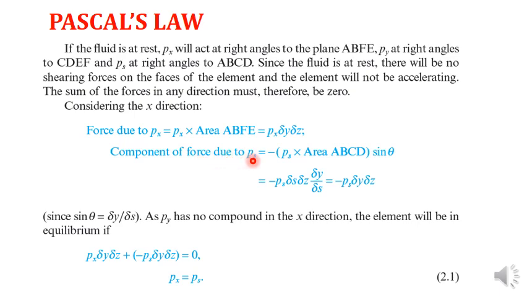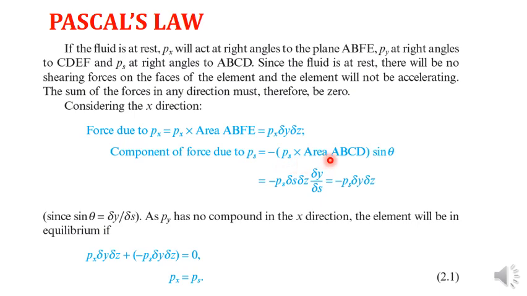The second force applying in the x direction will be the component of the force due to the pressure ps that is exerting on the inclined plane. The force exerted on the inclined plane of this differential element has two components, one along the x direction, second along the y direction. So if we are considering the forces in the x direction, then the component of this force in the x direction needs to be considered.